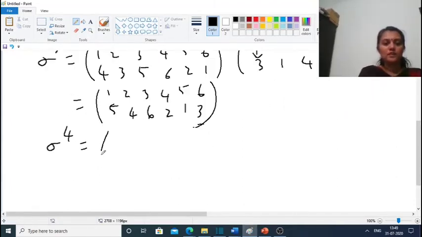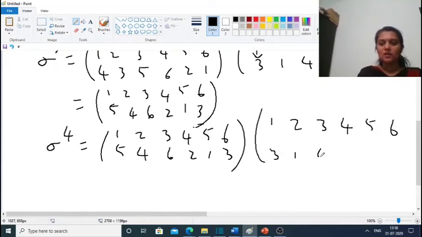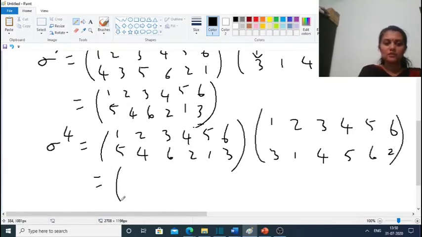Sigma raised to 4 is equal to sigma raised to 3 into sigma, that is (1 2 3 4 5 6 / 5 4 6 2 1 3) into sigma, (1 2 3 4 5 6 / 3 1 4 5 6 2), which is equal to 1 2 3 4 5 6 into the next term.